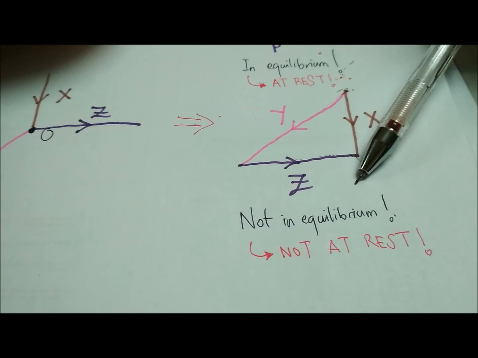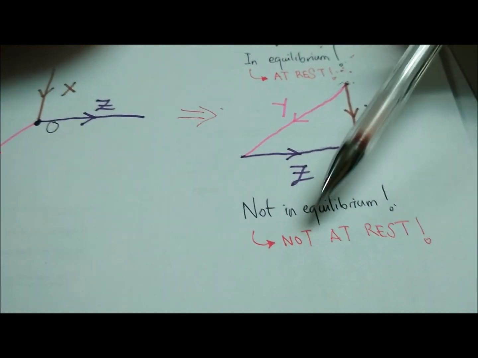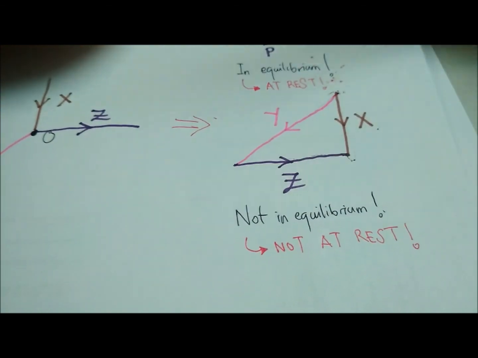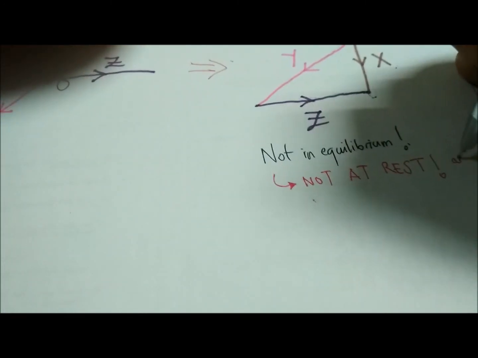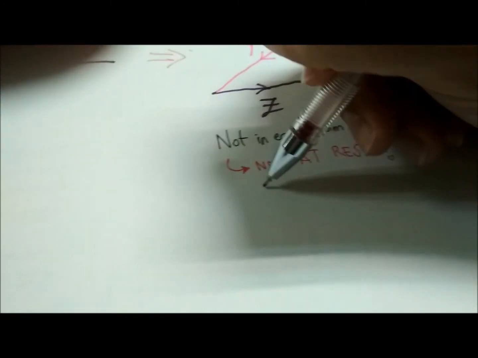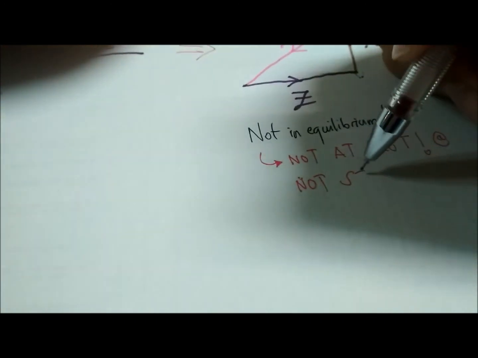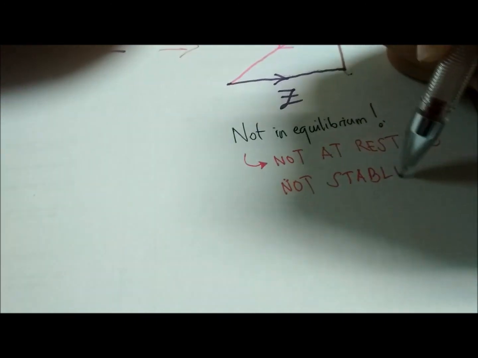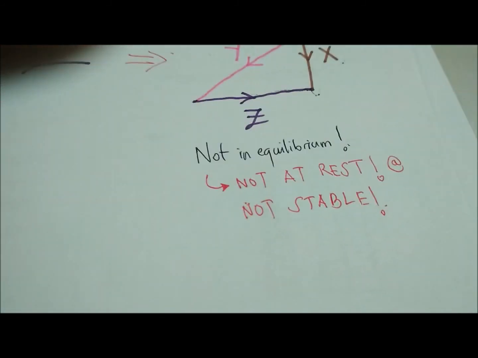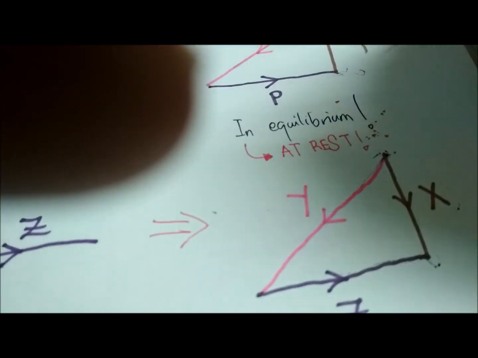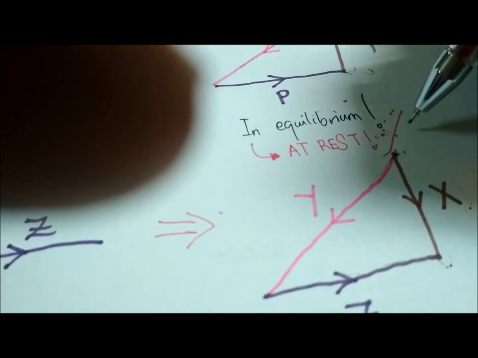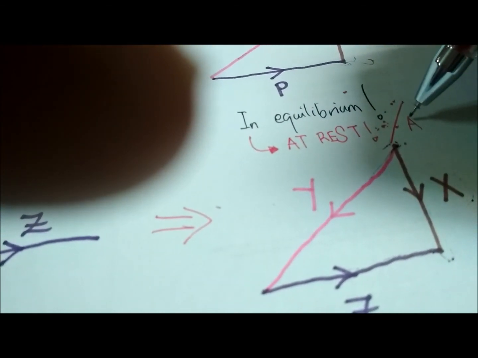If the object is not in equilibrium, it means that it is not at rest, or not stable. If the object is in equilibrium, it means that it is at rest, or stable.